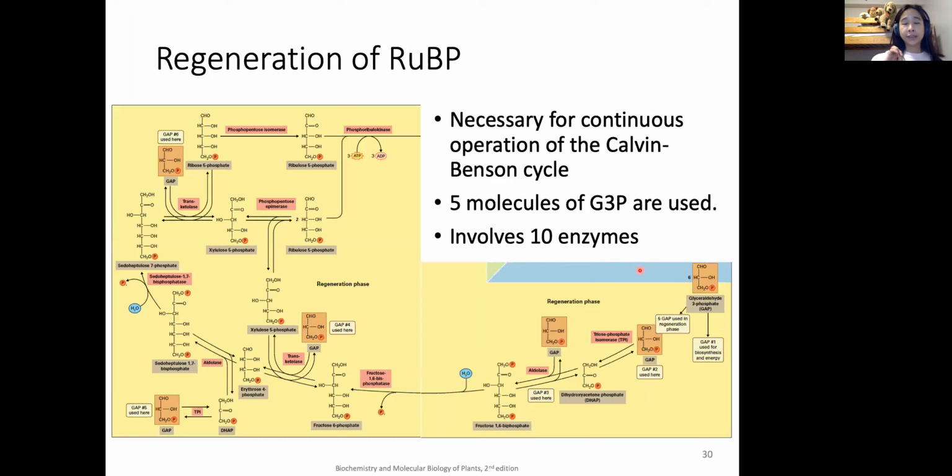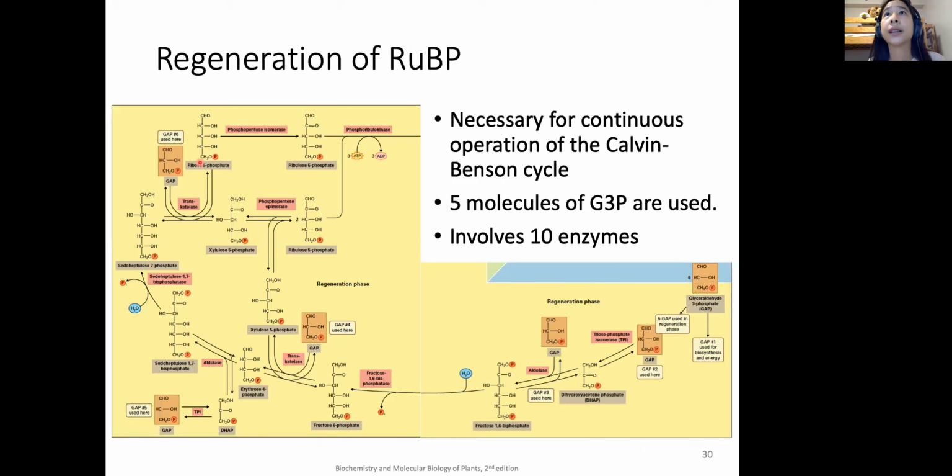so the last step is the regeneration of RuBP, or ribulose 1,5-bisphosphate, sorry. So 5 of the 6 molecules of glyceraldehyde 3-phosphate can be combined in many steps and become the new ribulose 1,5-bisphosphate again.